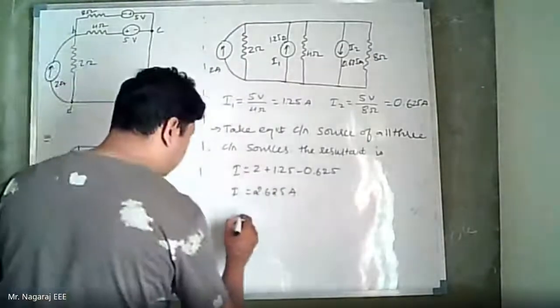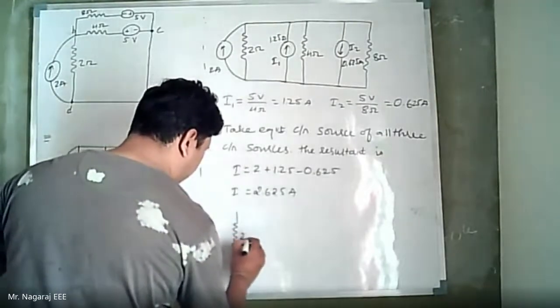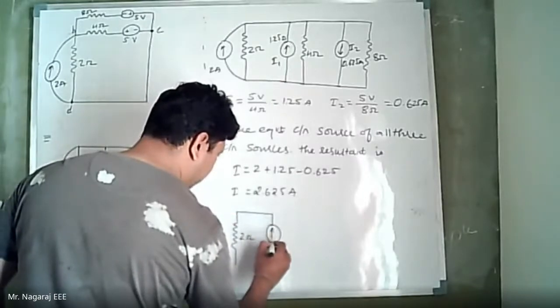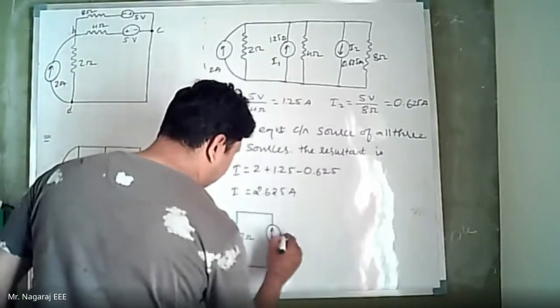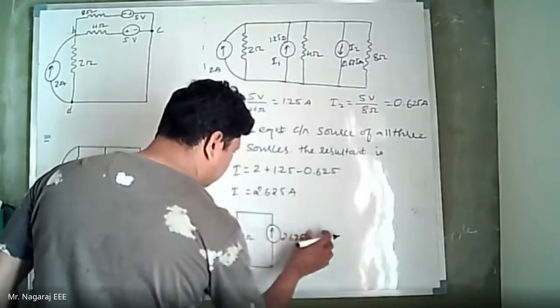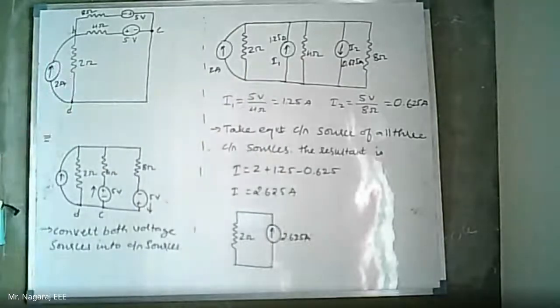Now I will redraw the circuit with a 2 ohm resistor in parallel with a current source of value 2.625 amps.